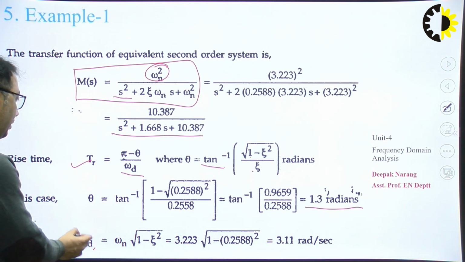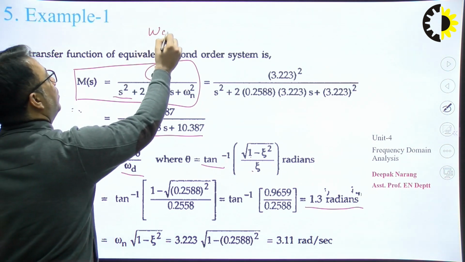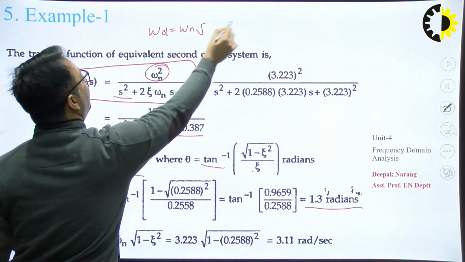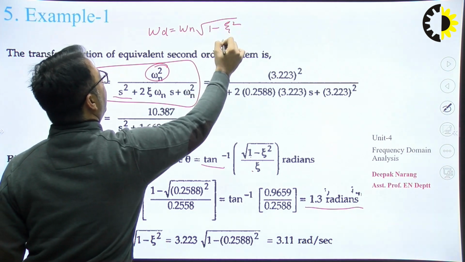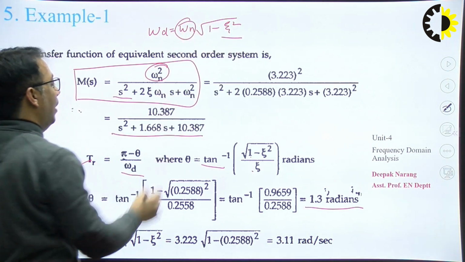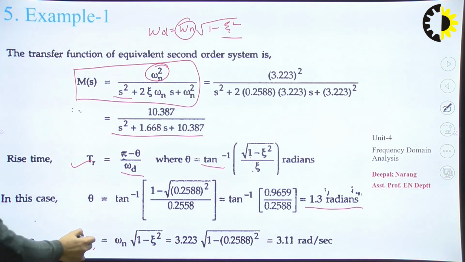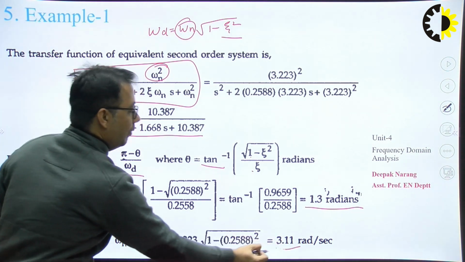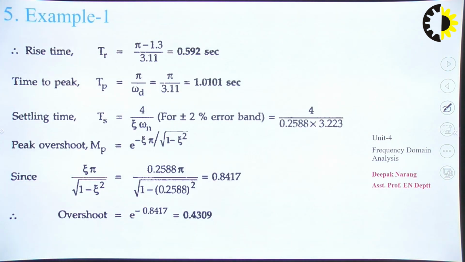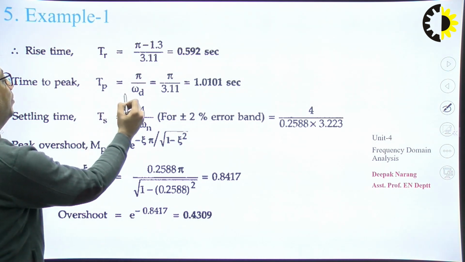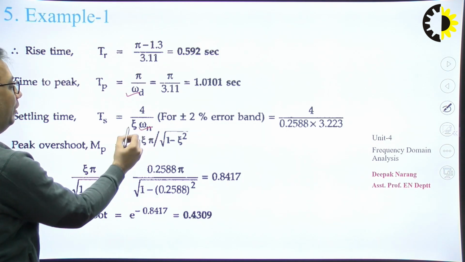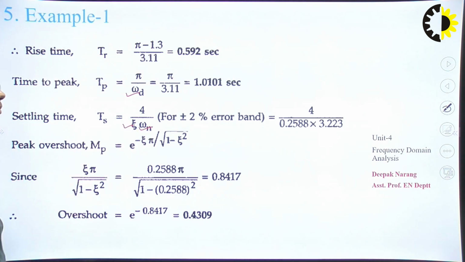Damped oscillation frequency omega d is equal to omega n into square root of 1 minus zeta square. Zeta we know, omega n we know, we can easily obtain the frequency of damped oscillation in time domain. So we can calculate all the values. We know pi, omega d, omega n and zeta, so by putting these values into their respective formulas, we can get all the values.